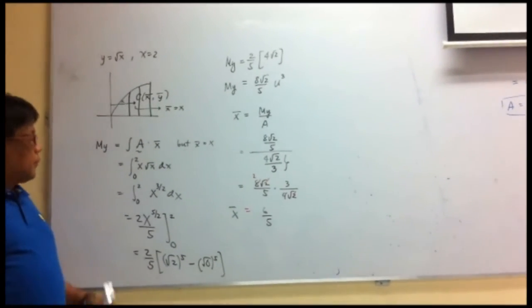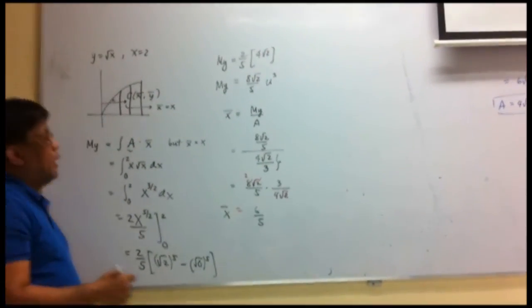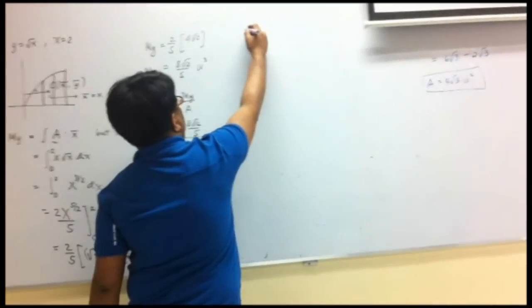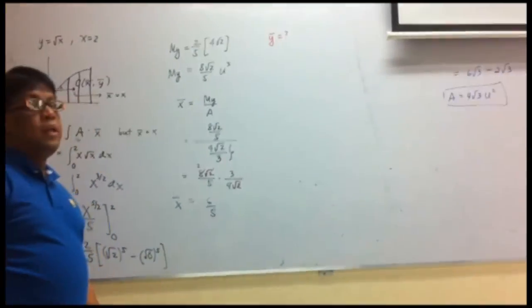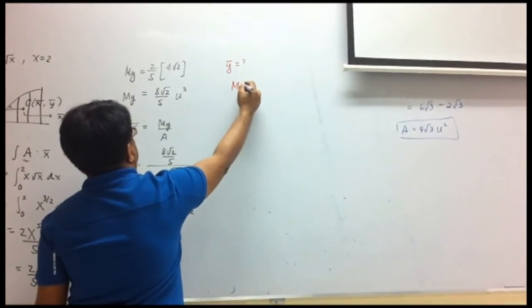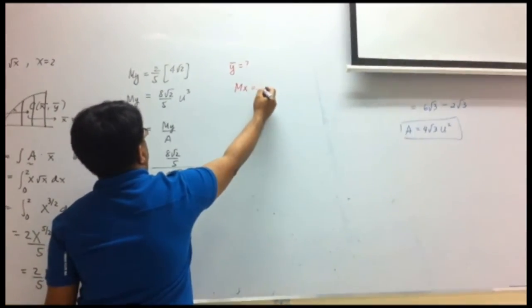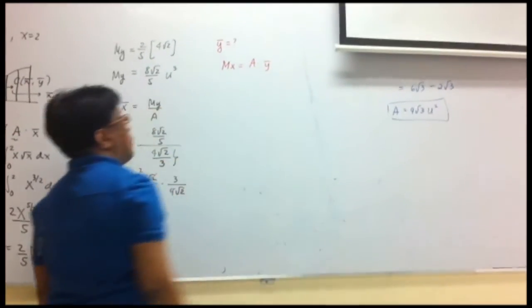What about now for bar y? To determine bar y, we will take the moment x, and the formula for moment x is area times bar y.